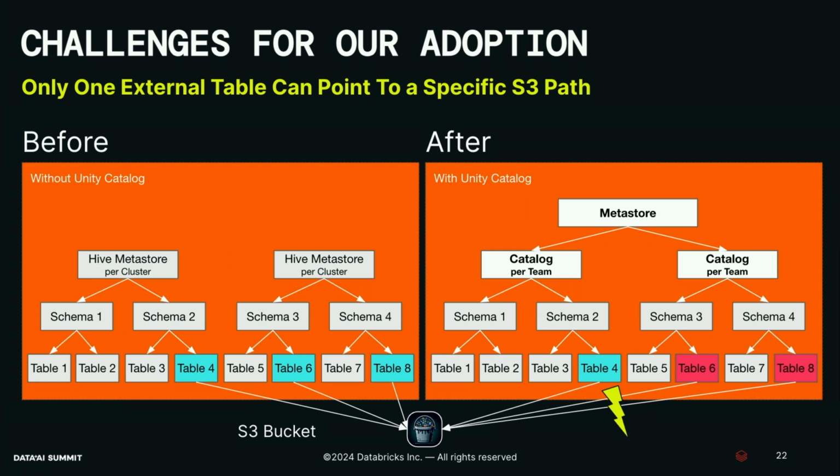Unity Catalog will complain if you want to create a second external table pointing to a location which is already registered to another external table. So here in this example, table 4 could be created to point to a certain S3 location. But if the other team wants to create an external table also pointing to this location, it will fail. It will not work.